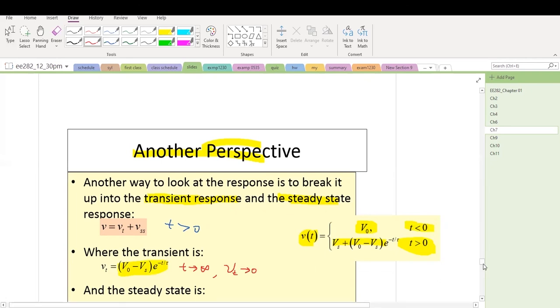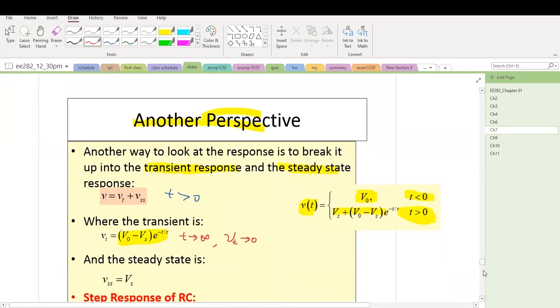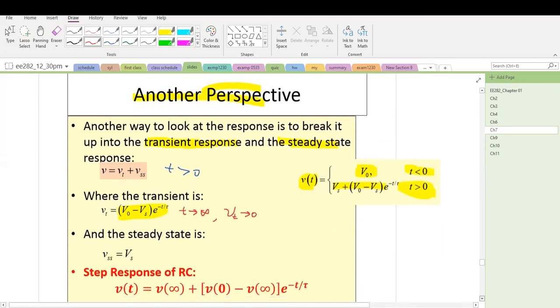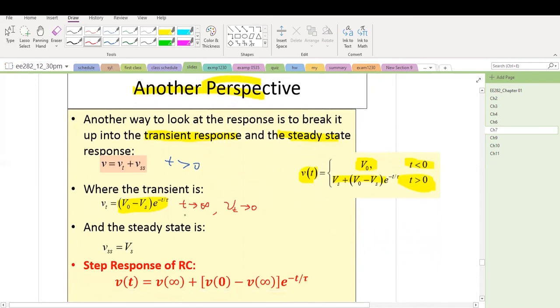Let's look at the steady-state response. The steady-state response is the response when time goes to infinity. In this case, it equals vs. So this is the steady-state response, and this portion is the transient response. And this is v of t when t goes to infinity.